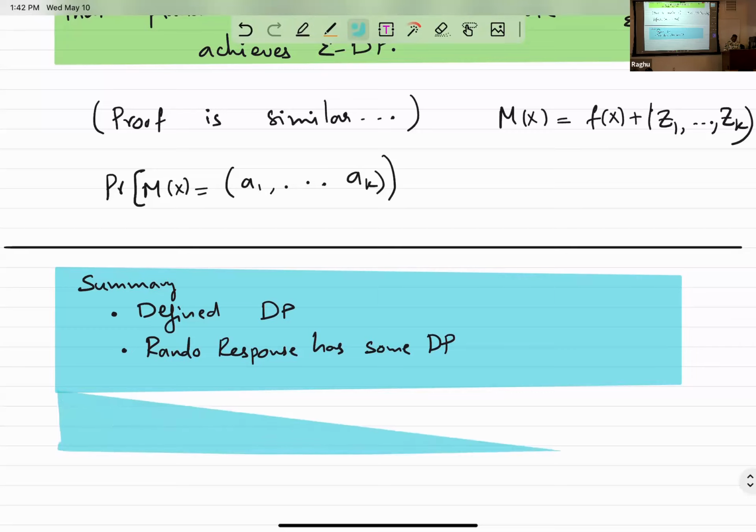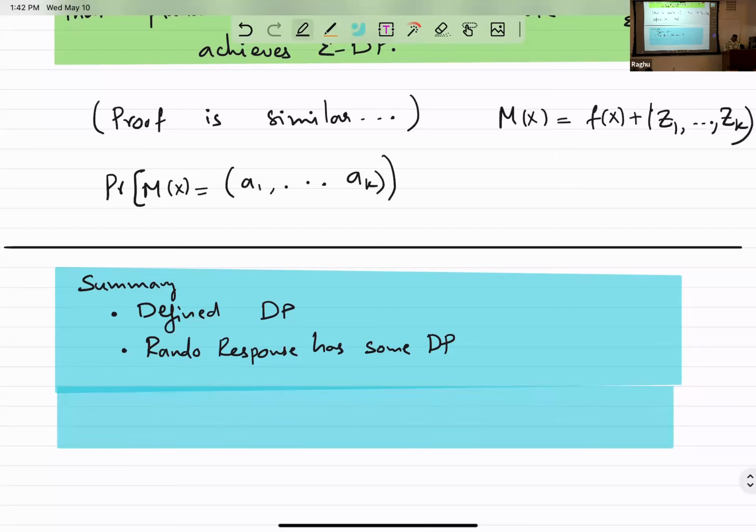And then we also saw the Laplacian mechanism, which is a foundational mechanism in that you can build many other more complicated things from this. From sensitivity.